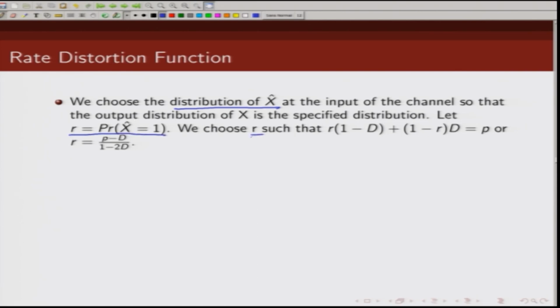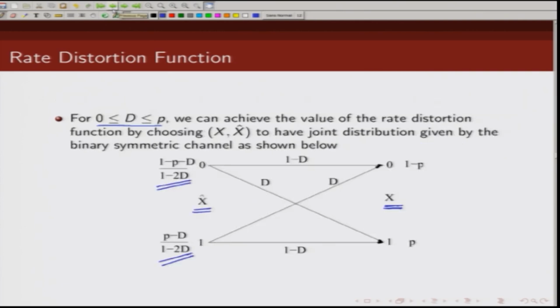So, we need to choose r in such a way that r times 1 minus d plus 1 minus r times d is equal to p. If you go back here, r is the probability of x hat being 1.